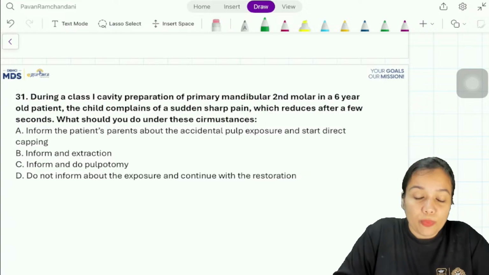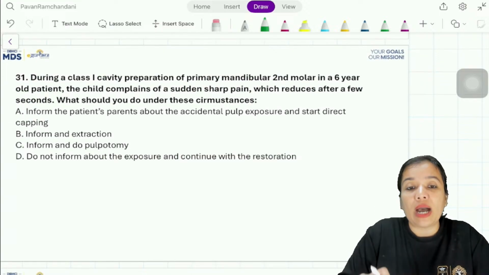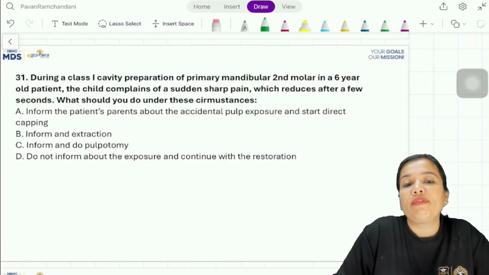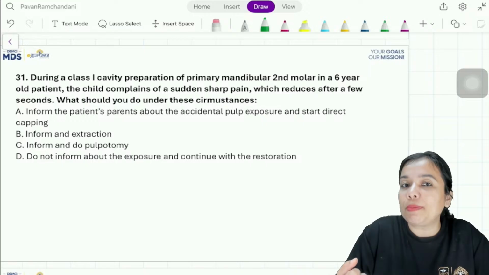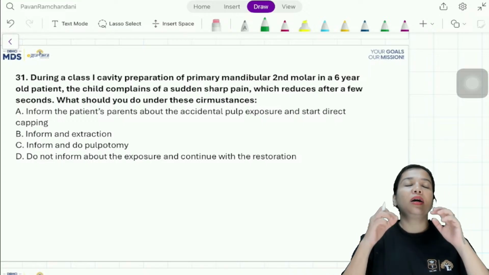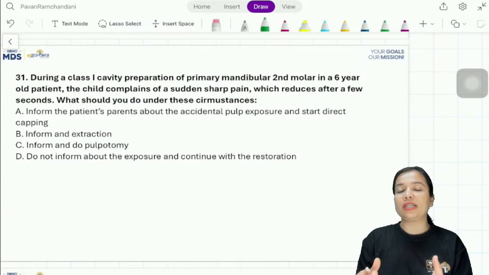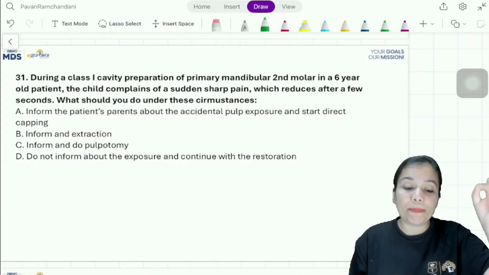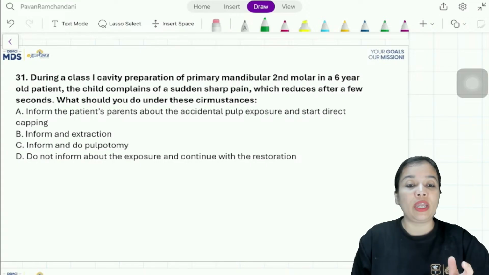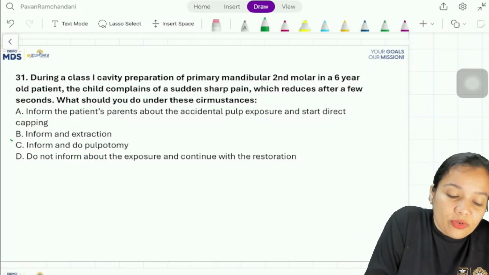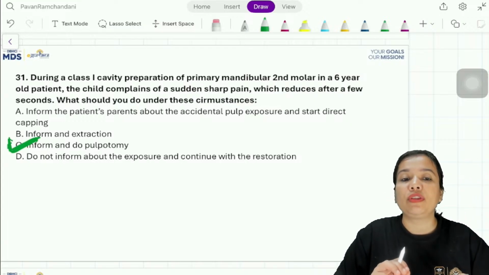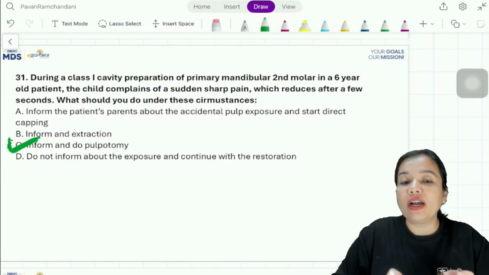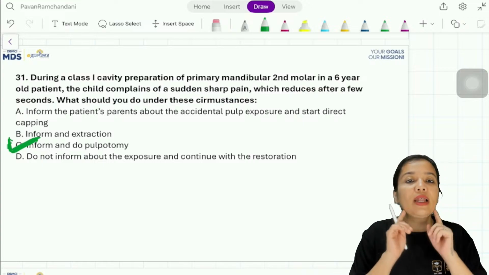What should you do? So basically, a sudden sharp pain says that you have exposed the pulp, and because you were not expecting the pulp to expose, that means there was no radicular pulp that is involved. There is sudden sharp pain, that means the coronal pulp is inflamed. So that means you have to inform the patient and do pulpotomy. Sharp pain means inflammation of the pulp, and subsiding after a few seconds means the radicular pulp is unaffected.